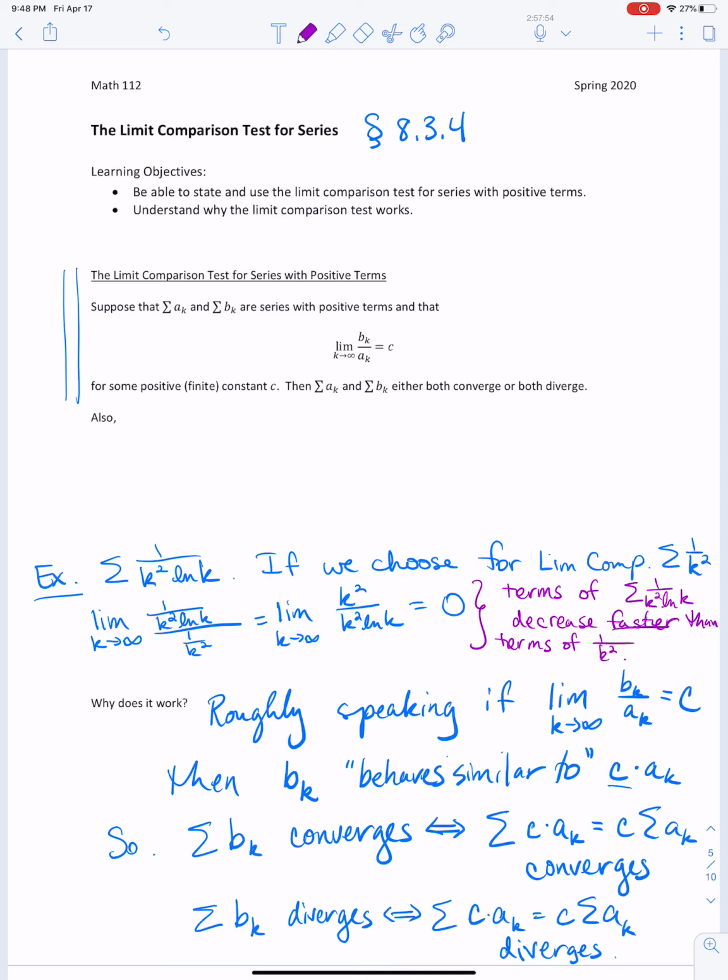And since this series converges, since 1 over k squared converges, then our series must also.